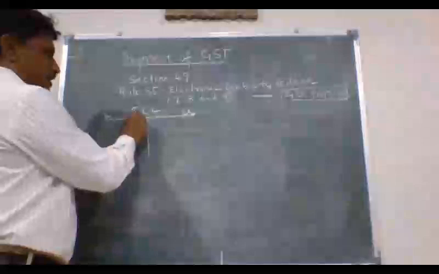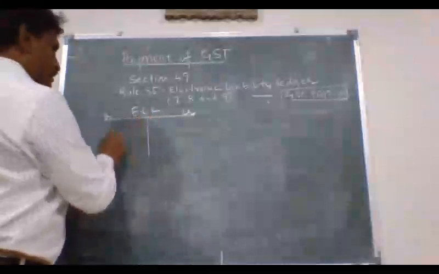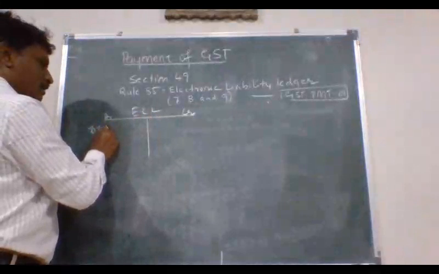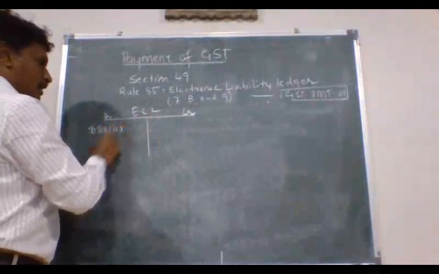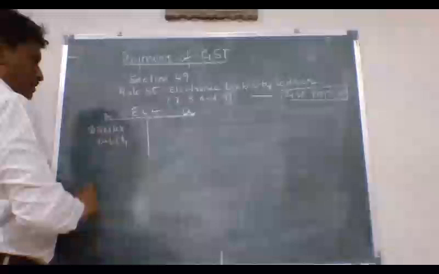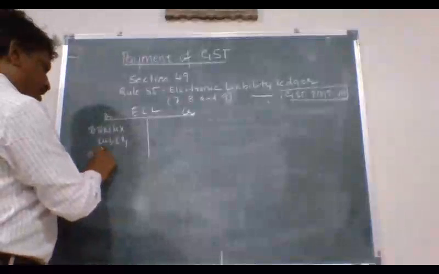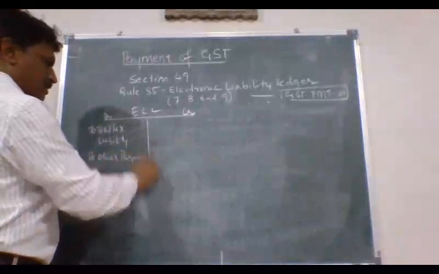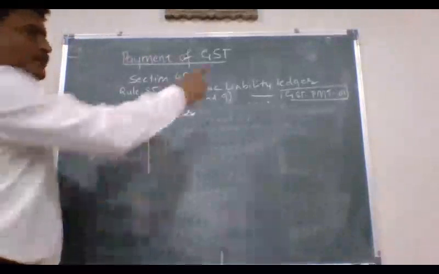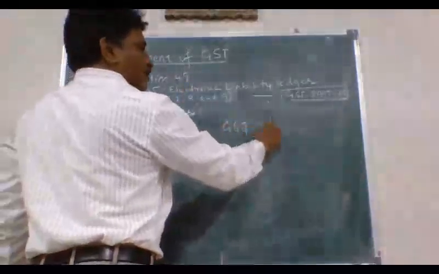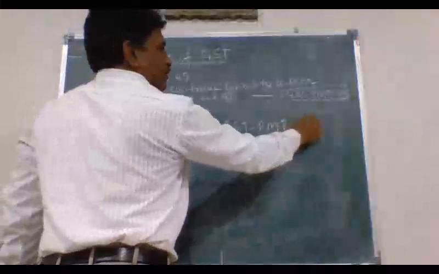Here, on the debit side we are going to find the total tax liability and other payments, in the form GST PMT 01.